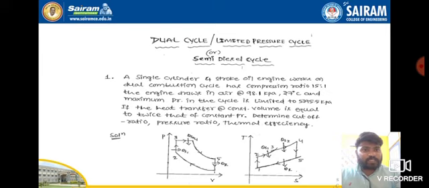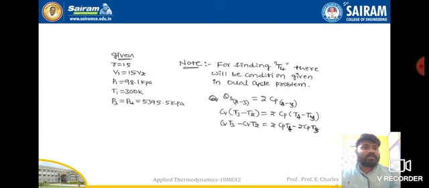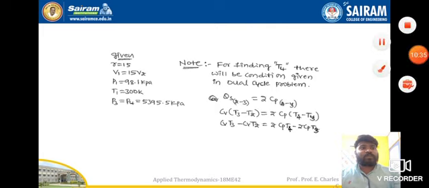The heat transfer at constant volume means 2 to 3, and it is equal to twice that of constant pressure. Constant pressure means 3 to 4. That means Q of the 2 to 3 process is equal to 2 into Cp into (T4 minus T3). If you understand this particular condition, then it will be easy to solve the problem. Thank you.